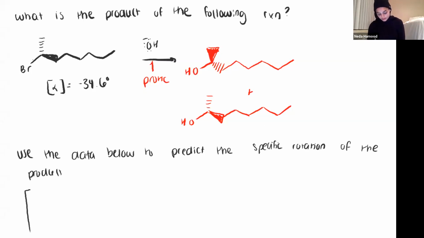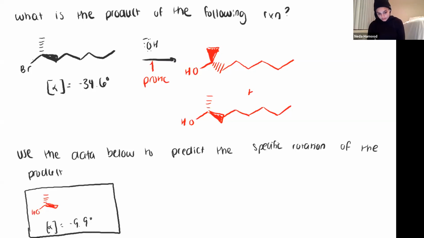So over here would be a box, and then one of the products would go in there, with a specific rotation for, let's say, this product that has the wedge over there.